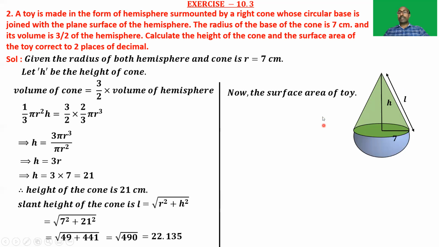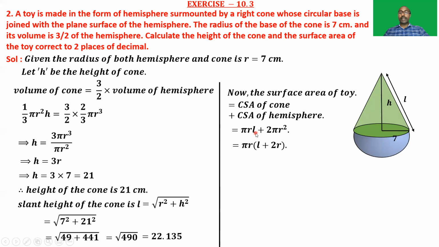We know that the curved surface area of the cone is pi r l and the curved surface area of the hemisphere is 2 pi r square. So now taking pi r common, pi r into l plus 2r.